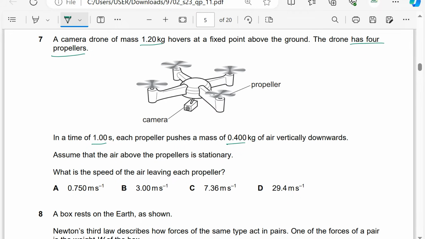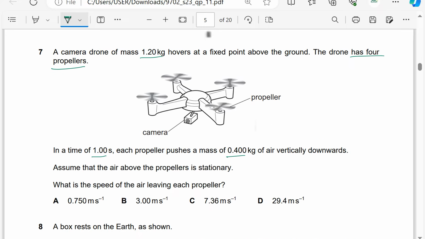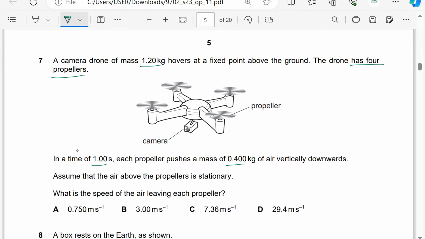So here I'm going to simply use Newton's third law. Let's assume the force coming from each propeller is given by F air. But these forces are going to act vertically upwards.